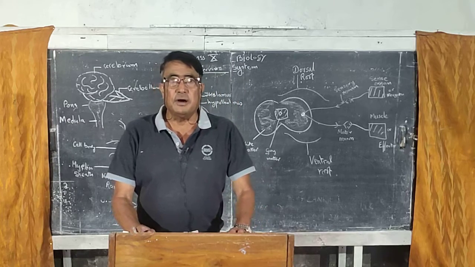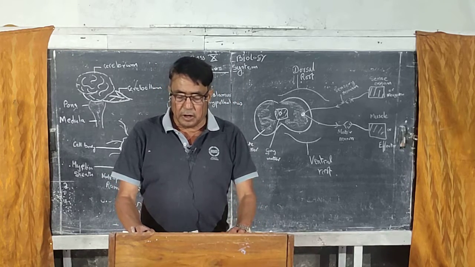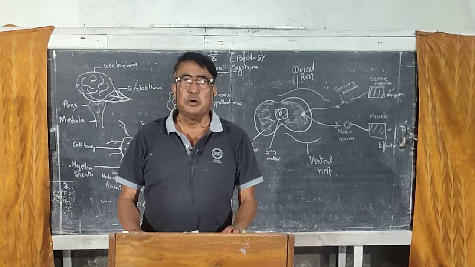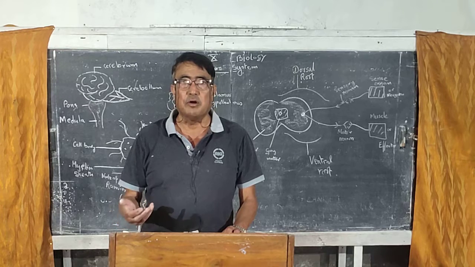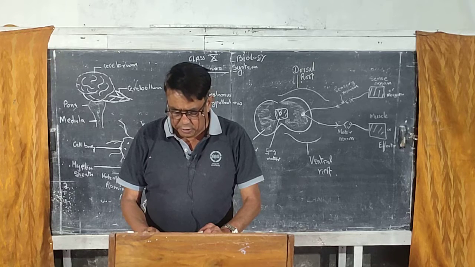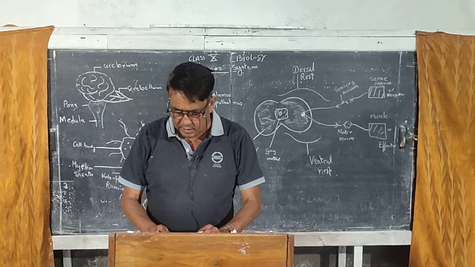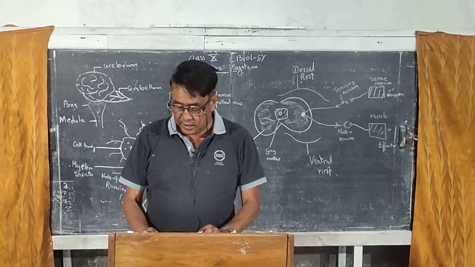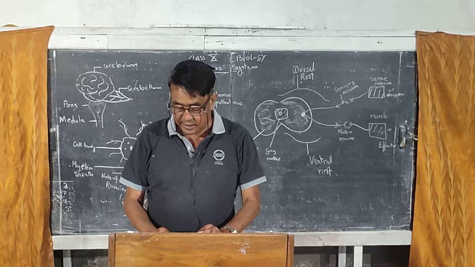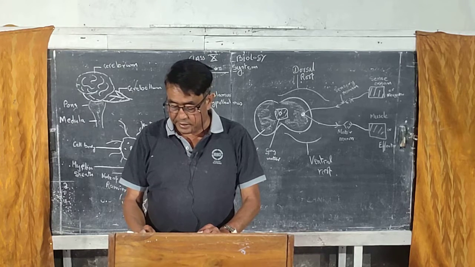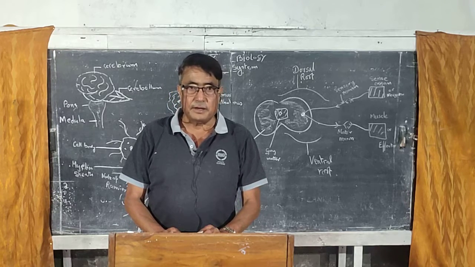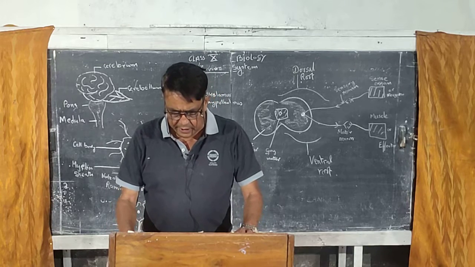The main function of the cerebrum is to control all voluntary actions. Voluntary actions means those actions which we perform with our consciousness. It is also the seat of intelligence, consciousness, memory, reasoning, etc. It also interprets various senses such as taste, sight.